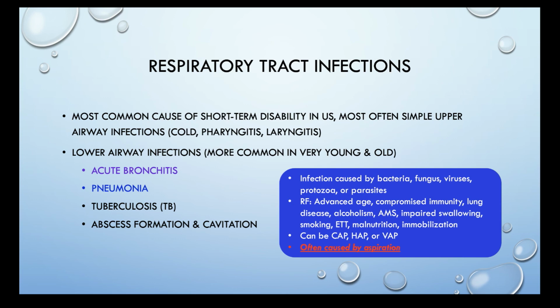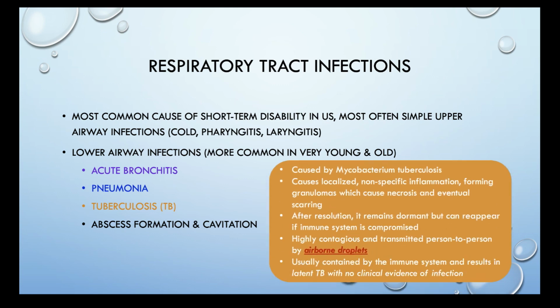So pneumonias can be community-acquired pneumonia, that's what the CAP is, hospital-acquired pneumonia, or ventilator-acquired pneumonia. But, as we stated, they're often caused by aspiration, and actually intubated patients often aspirate because they have their airway wide open with a tube in it, and it's very easy for any type of reflux from the GI tract to easily get in there, and that's why they're at high risk for ventilator-associated pneumonia.